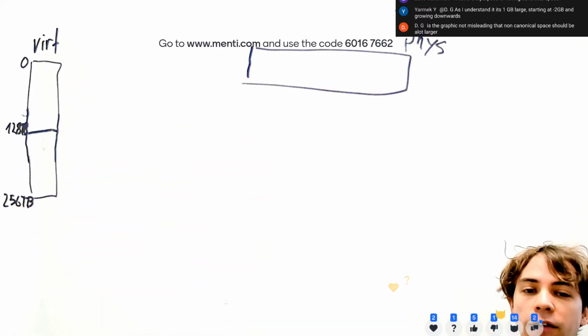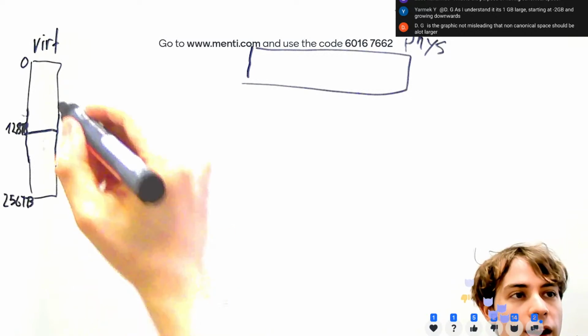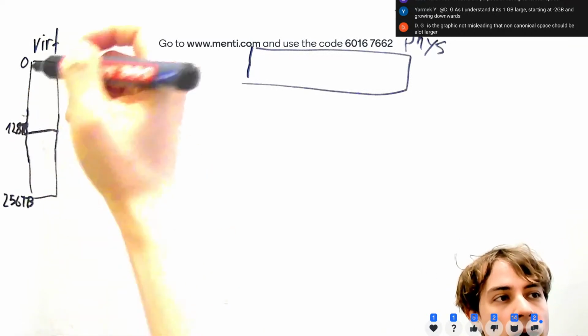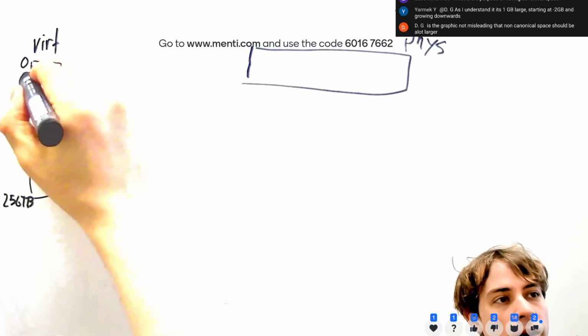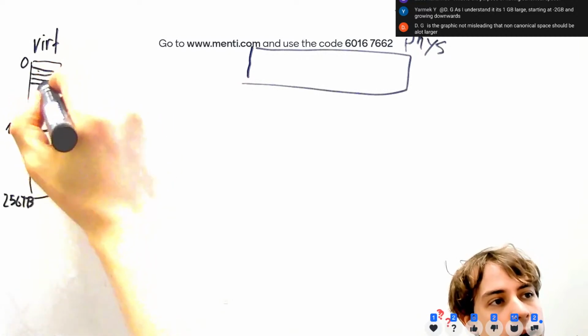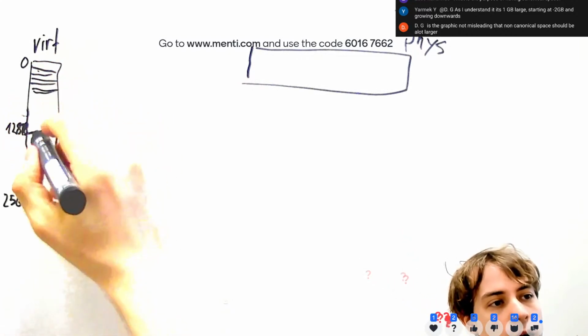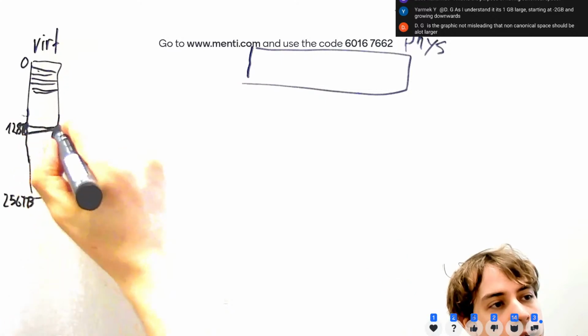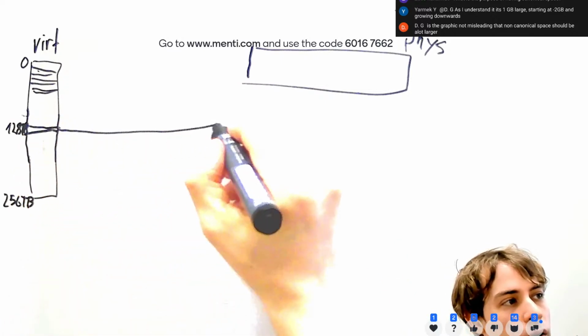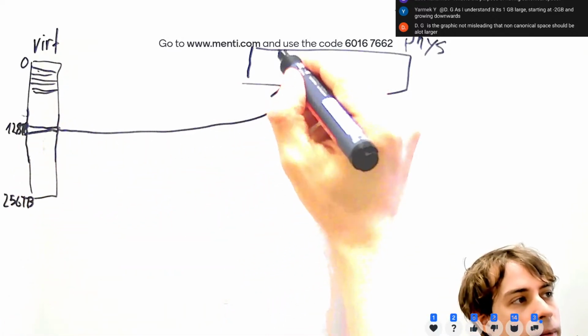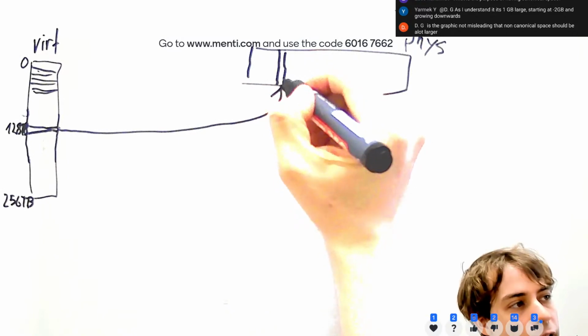And this was not very efficient, so we grouped those bytes together in pages. And then we basically split the memory into these pages. Okay, and 1 page here might be mapped to 1 page here. And this can be an arbitrary mapping.